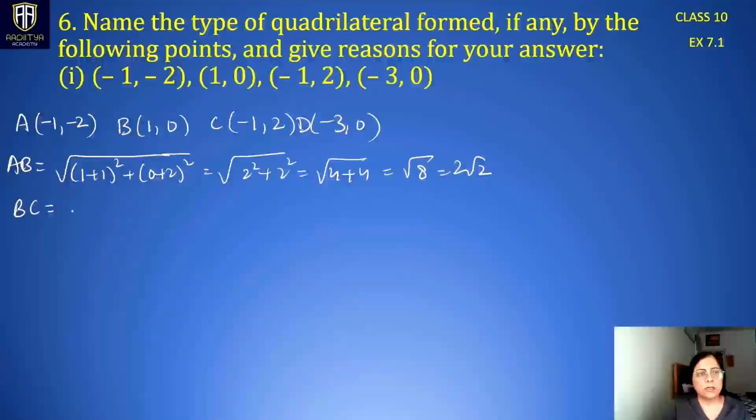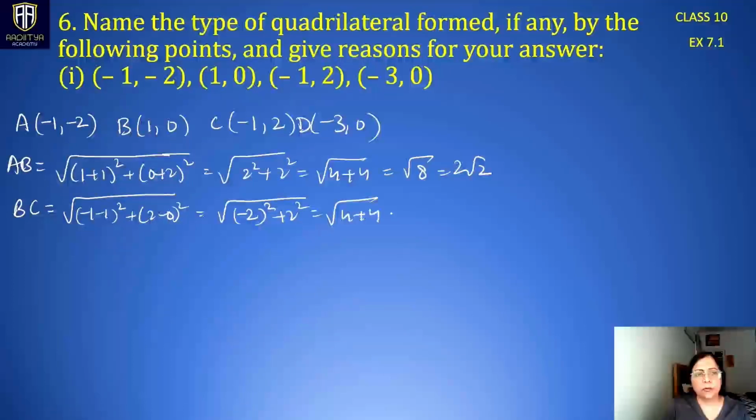Now comes BC. For BC it is minus 1 square, 2 minus 0 square. That is minus 2 square plus 2 square, that is 4 plus 4. This is also root 8. So we have 2 root 2.